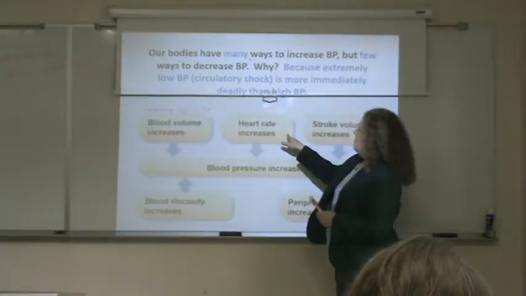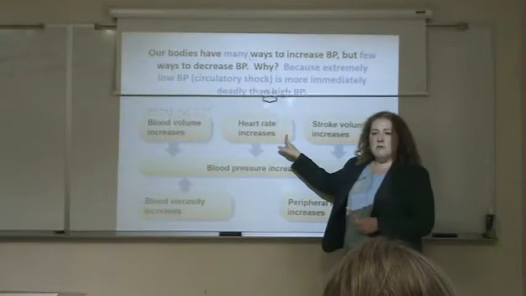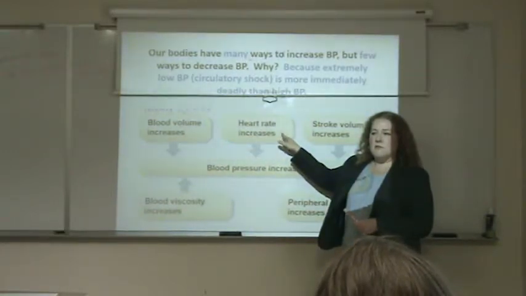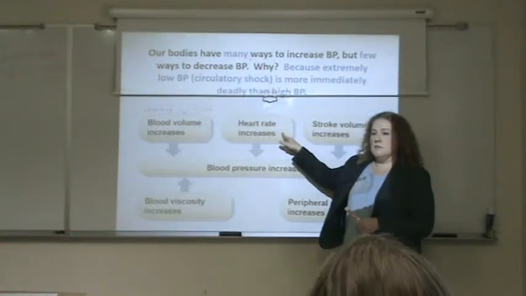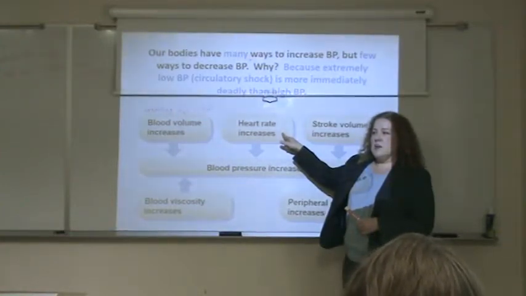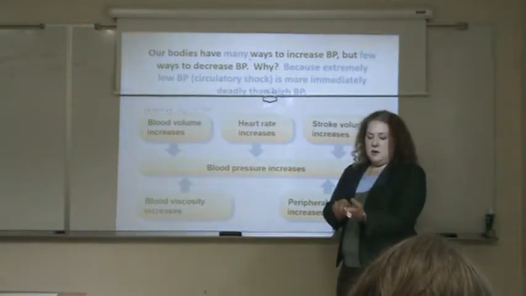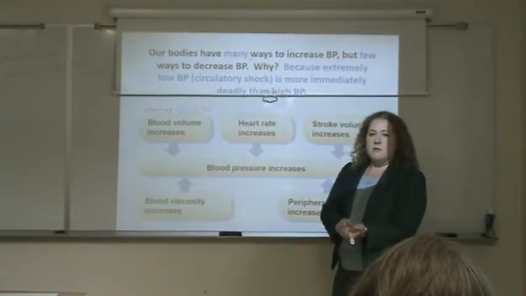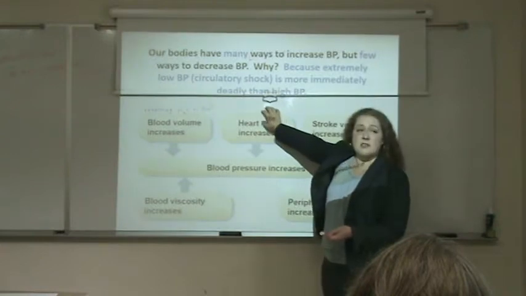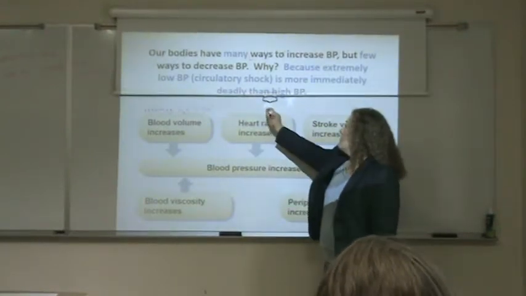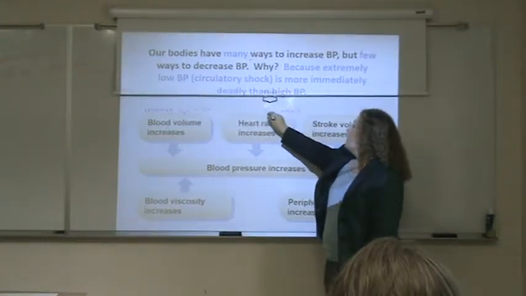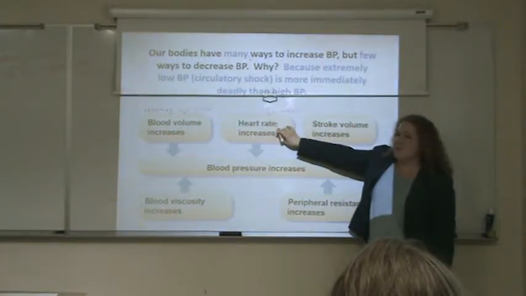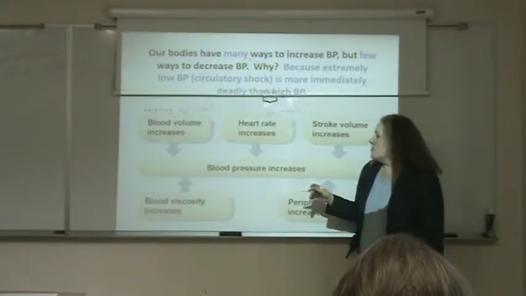We could increase heart rate. How could this happen for us? Do we have to look at our Fitbit and say, oh, my heart rate is low, and then start moving? Your autonomic nervous system does this for you. You can get sympathetic nervous system activation really without realizing it to raise your blood pressure if you need it.